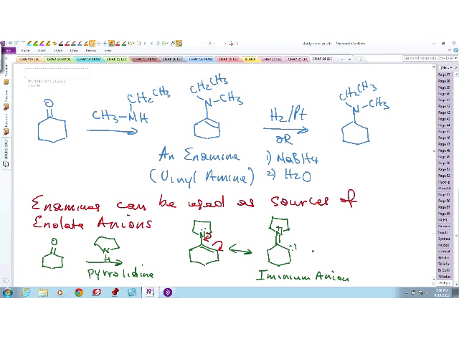Now, you can use this as an alkylating agent.